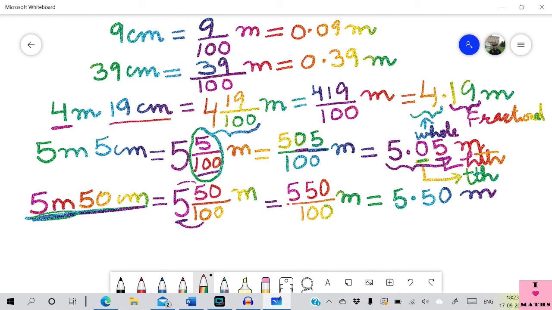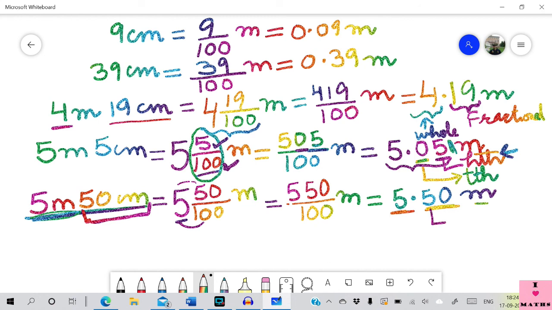See children, since it is 50 centimeter, here it is 5.50 meter. So this is the difference: when 5 has come at the 100th place, it is because there were 5 parts out of 100 equal parts.